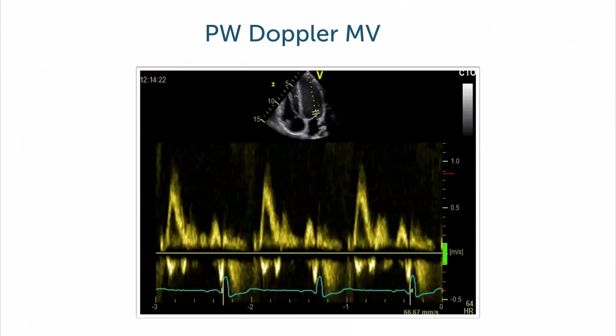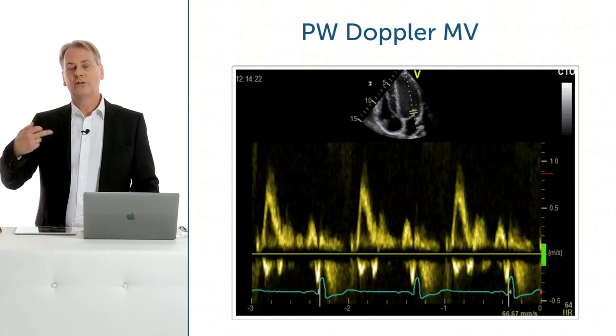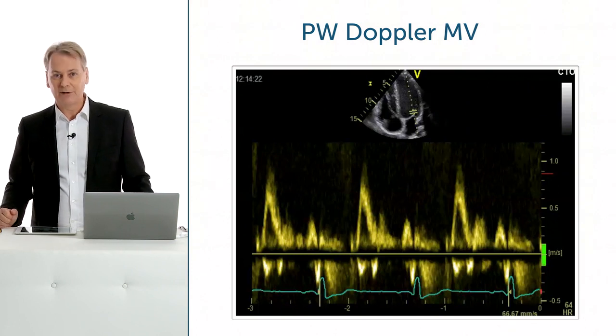Now we're moving to spectral Doppler again, to pulse wave Doppler, and it is a standard procedure to always image the mitral valve with spectral Doppler as well to look at the flow pattern. Basically to look at, for example, the ratio between the E and the A wave, the deceleration of the curve, also for the measurement of the parameters that we will then need for the so-called E to E prime ratio.